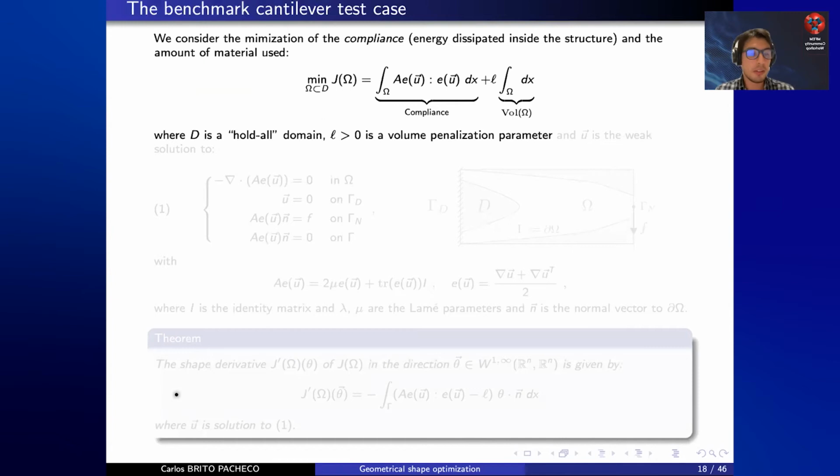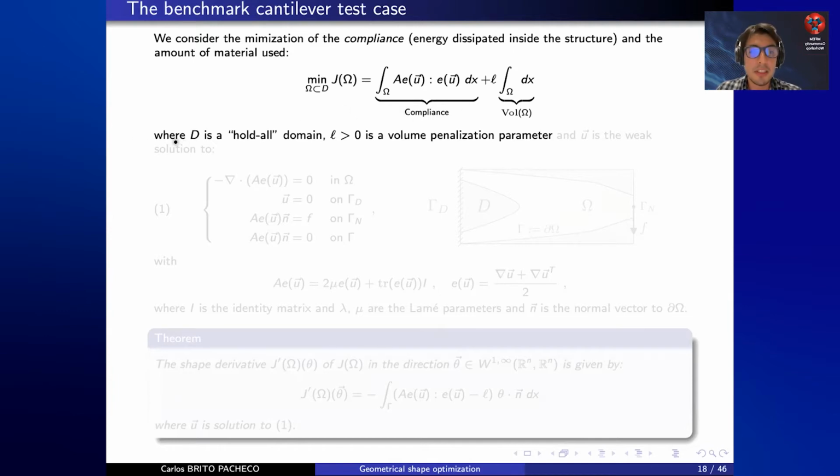So let's go on to the benchmark cantilever test case. We consider the minimization of the compliance. You can think of it as the energy dissipated inside the structure. And we also minimize the amount of material used, because we don't want to use so much material because it usually costs too much. You can think of the compliance as kind of the stress inside the structure.